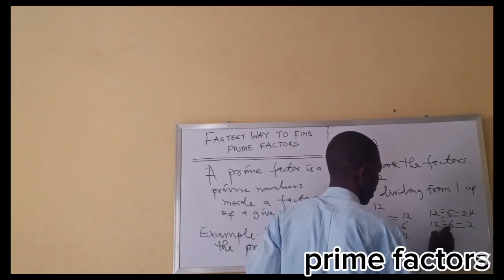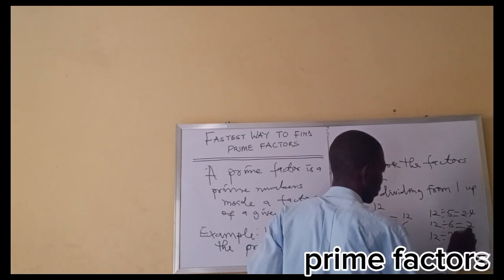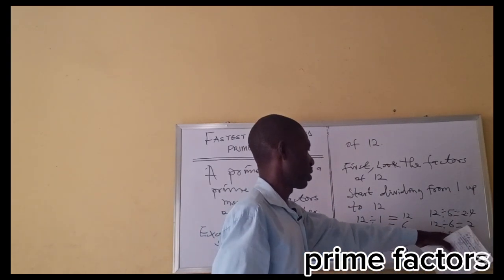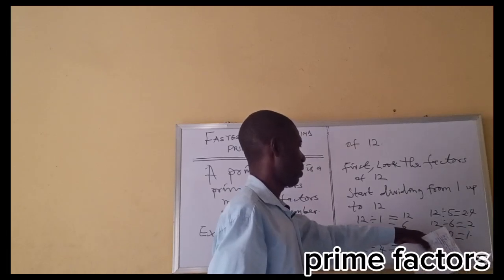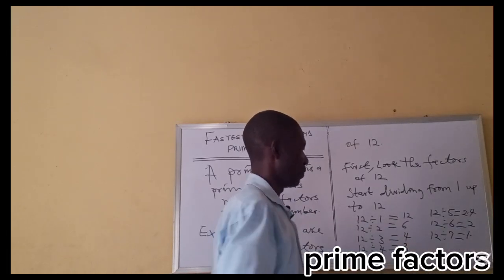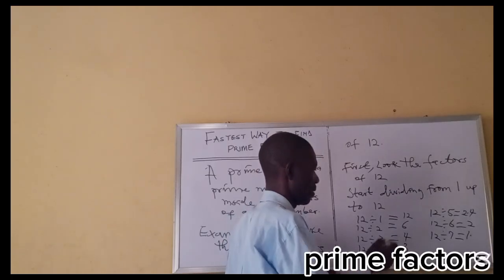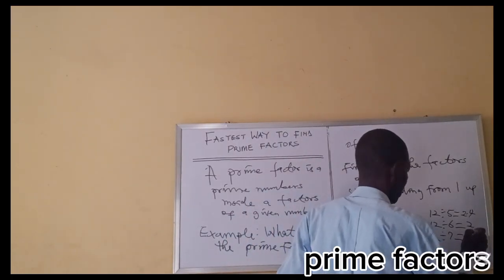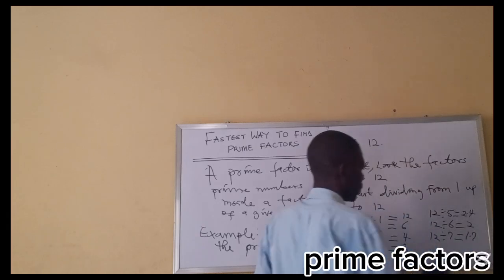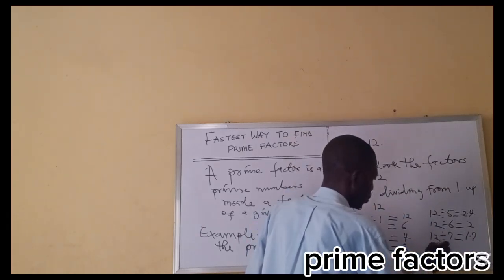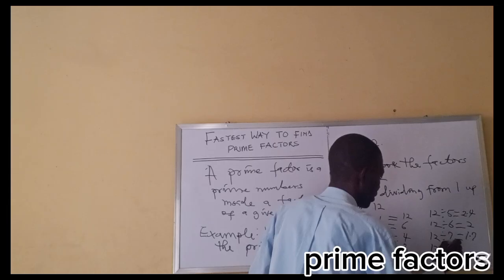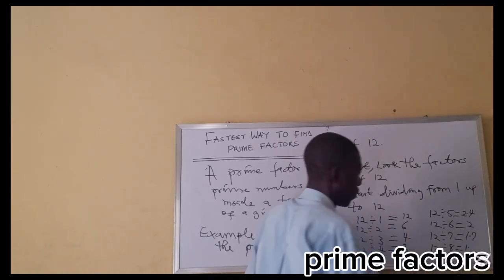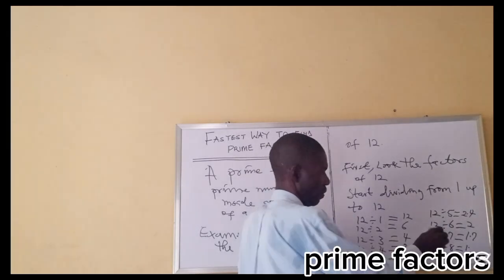12 divided by 7 will give us 1 point. When you divide this, it will give us 1 point, then it remains 5, in 50 that is 7, that is 49. Then 12 divided by 8 will give us 1, remain 4, then in 40, 5.